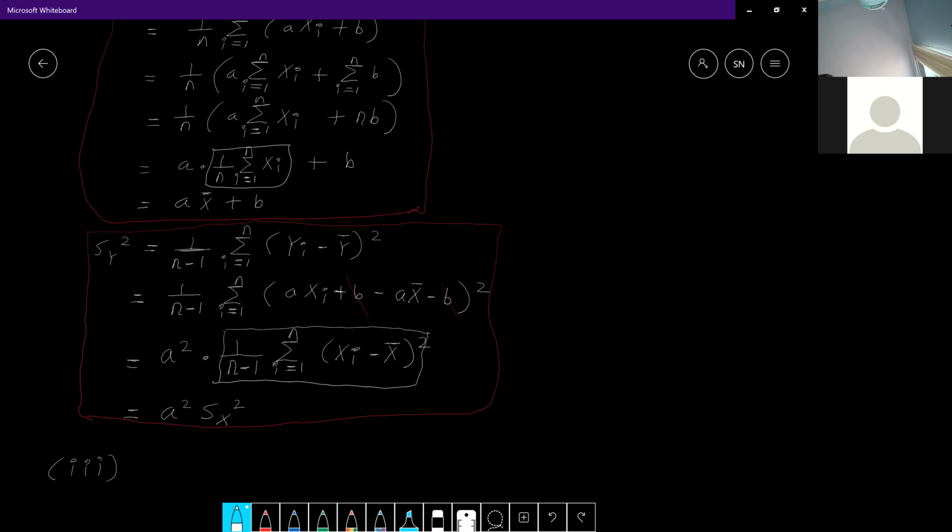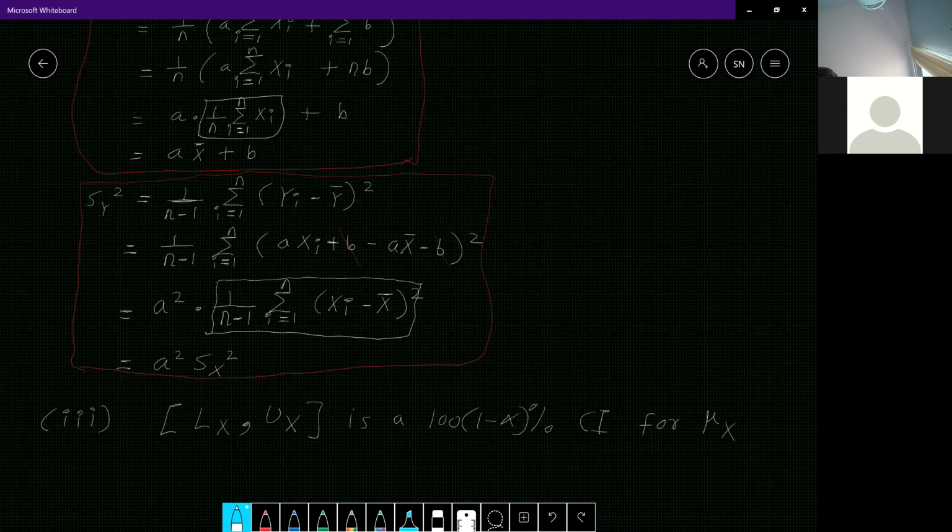If you look at part 3 of question 7, it's about confidence interval. So you're given a confidence interval for mu x, which is from Lx to Ux. So you're given that Lx to Ux is a confidence interval for mu x. That's what you're told, right?